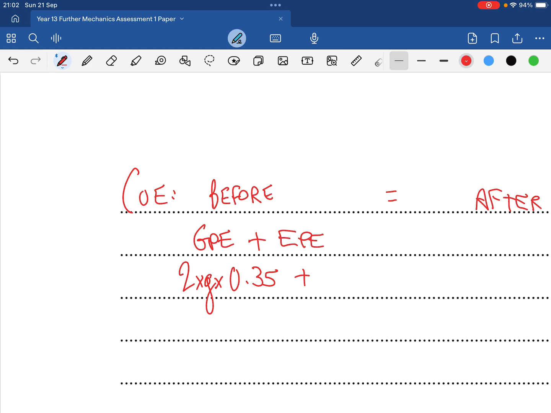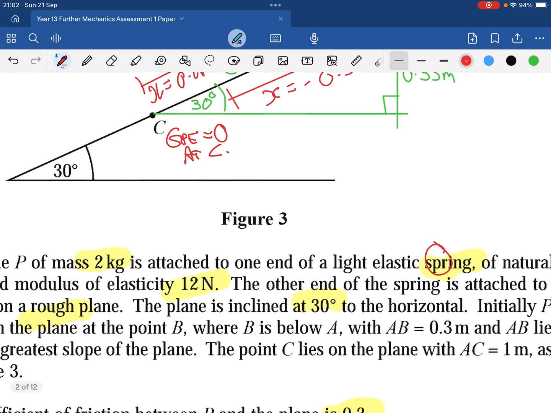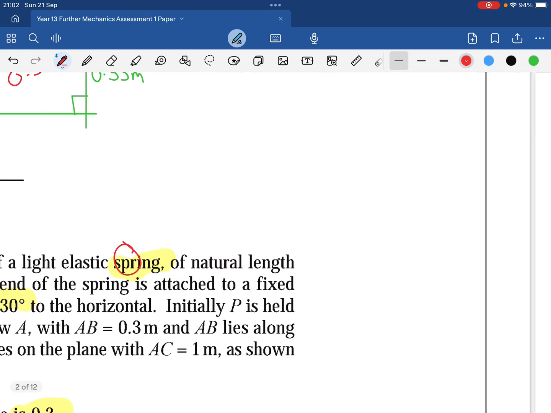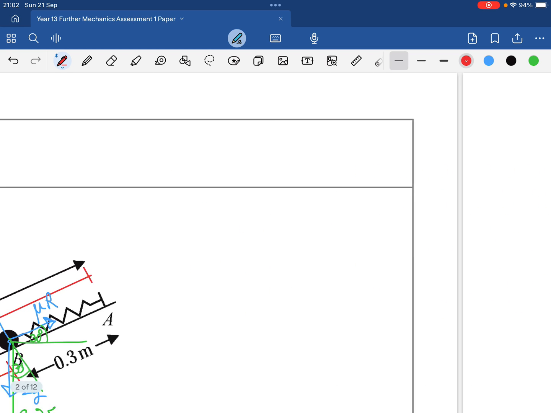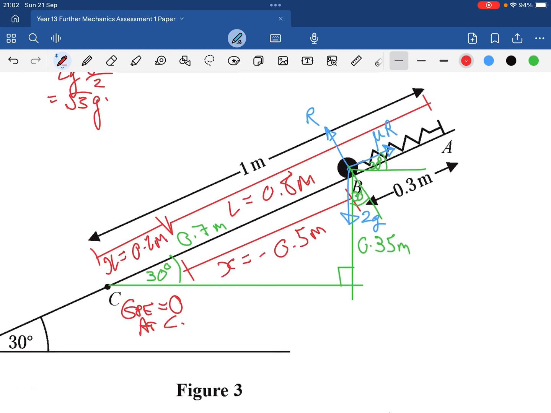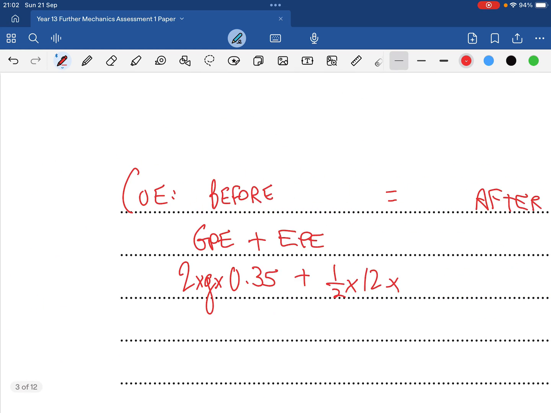And our elastic potential energy is a half times lambda, which in this question was 12 newtons. So a half times lambda times x squared. If we can go back and check again, x is negative 0.5. So negative 0.5 squared. And the natural length of the spring was 0.8.